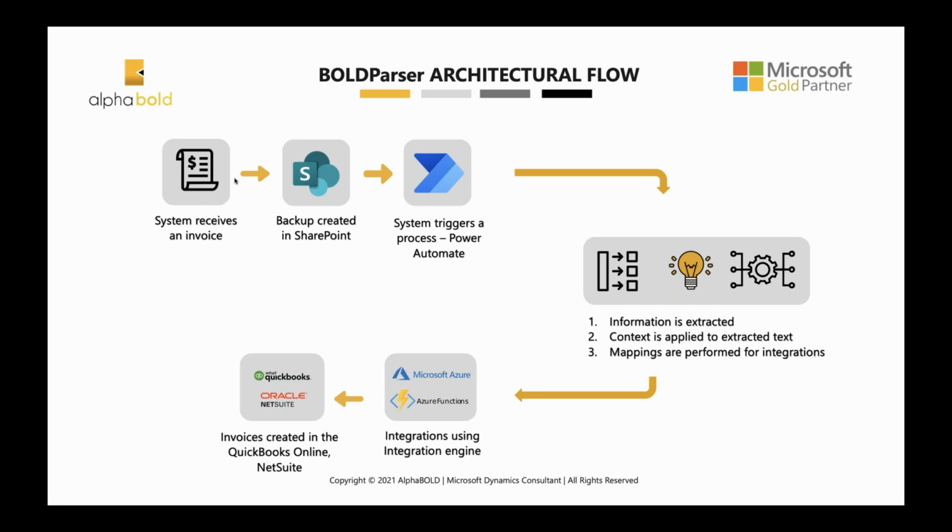We are using Power Automate to implement the whole flow, and that helps in the creation of the file in the backup folder. It also helps in triggering the AI model, which is consumed because it's exposed as an API, and the model then responds back with the information that is extracted.